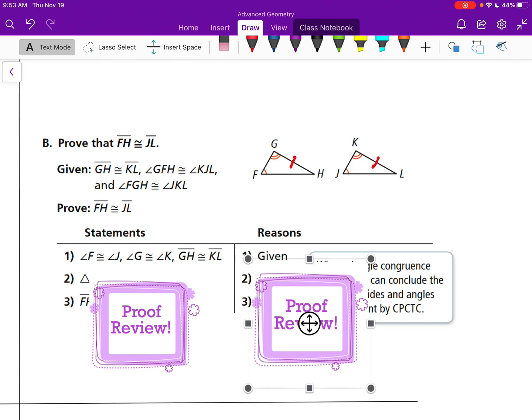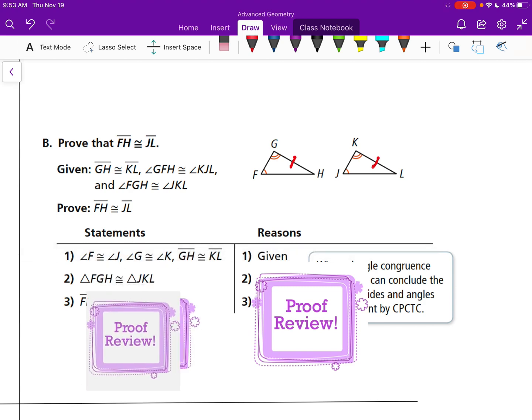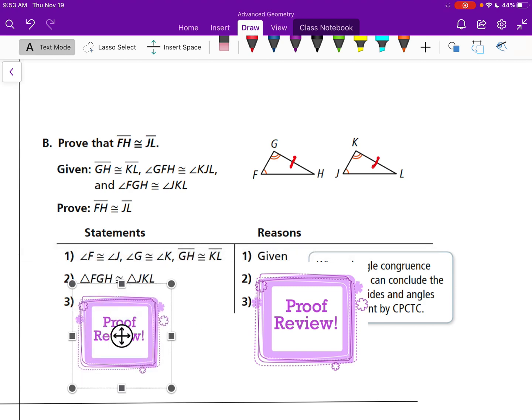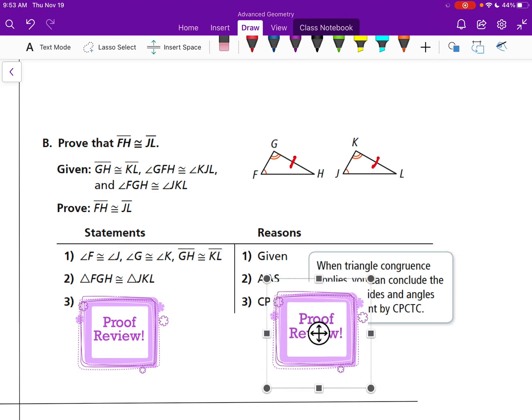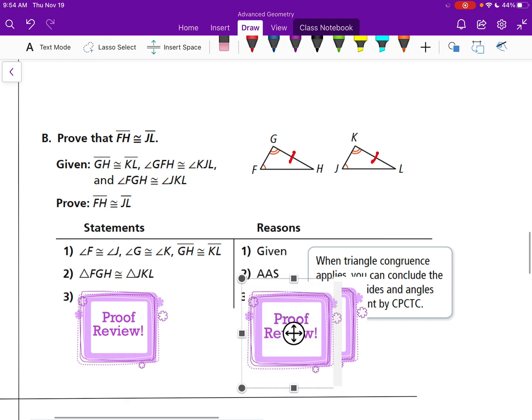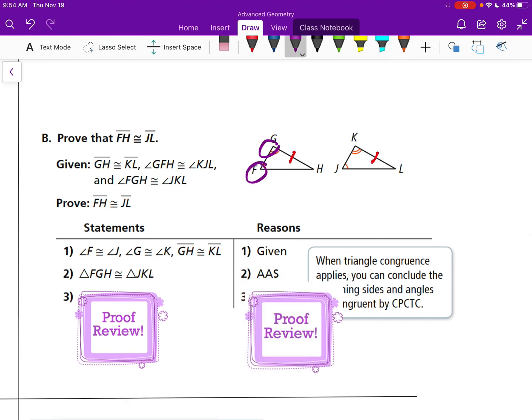So the next thing we're going to be able to naturally determine is that those two triangles are congruent. What theorem did we just learn that can prove that those two triangles are congruent? The angle, angle, side theorem, because that is an angle, angle, and then a side.